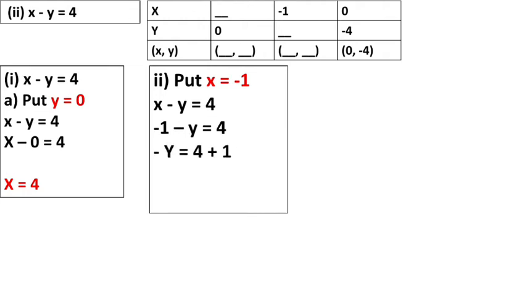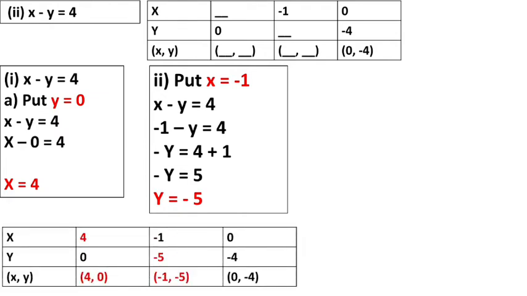Here minus 1 goes to the right side and becomes plus 1. 4 plus 1 is 5, but y is negative, so the negative sign goes to the other side and 5 becomes minus 5. Therefore y equal to minus 5. It means the x value is minus 1 and the y value is minus 5.